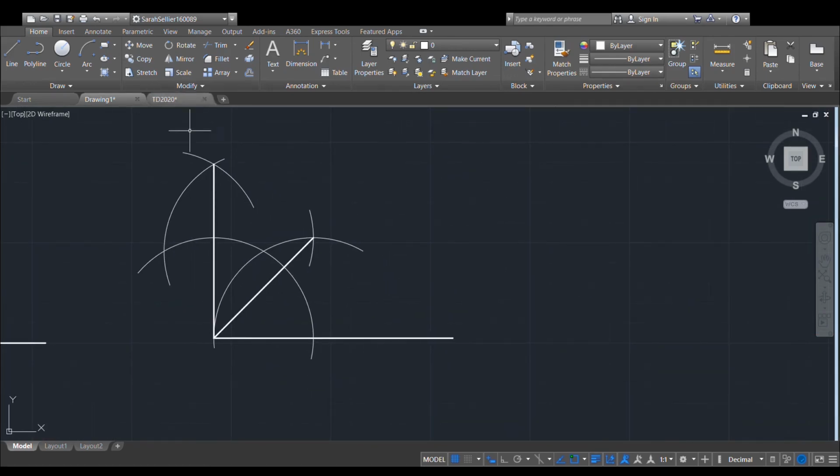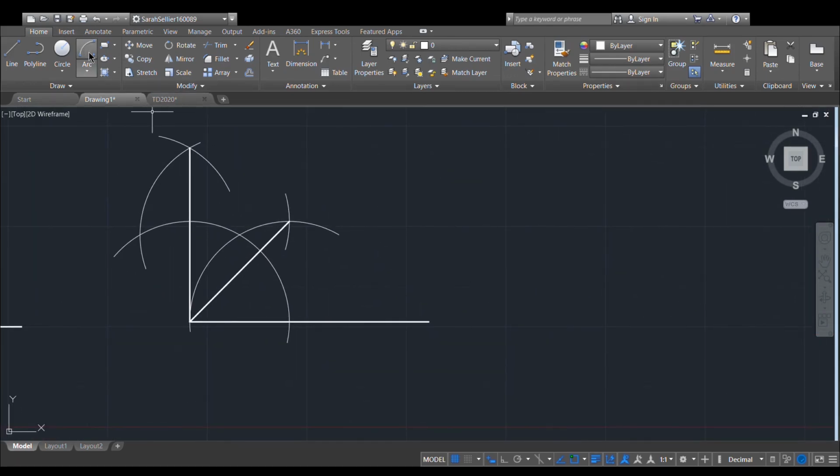To construct a 75-degree angle, I take this intersection and draw my arc of 50, and press Control to change the direction of the arc. Then I'd scribe another arc from here out, with a radius of 50.